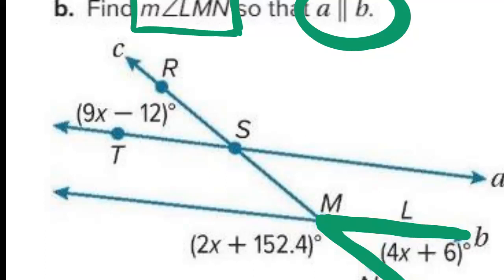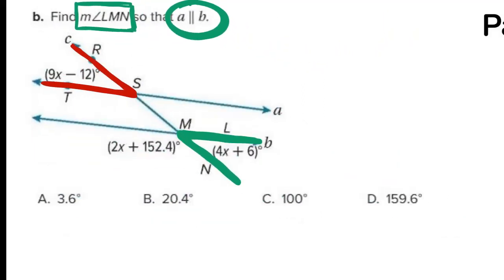RST, this angle right up here. They told us that that is 9x minus 12. And do we have an angle that touches line B? Yep, that would be the LMN that I need. I have another angle that touches line A too, but they just gave me more than I need on this one. That's okay.